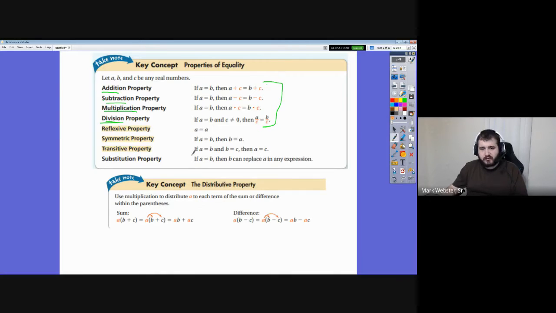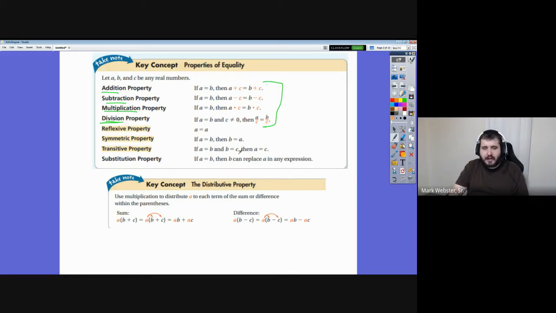Same thing with the transitive property. The transitive property sort of works like what we talked about with the law of syllogism, right? P implies Q and Q implies R allows you to skip over the middleman and connect P straight to R. Here it's the same idea.